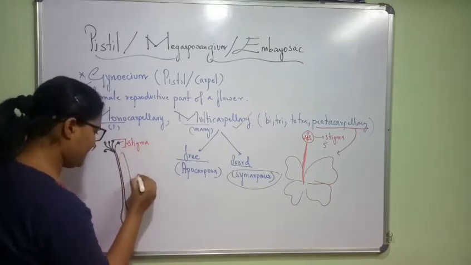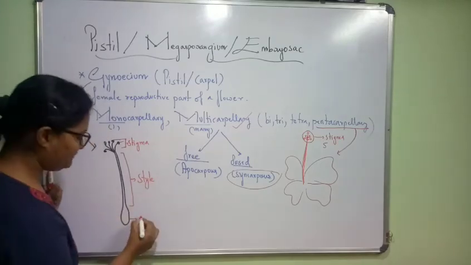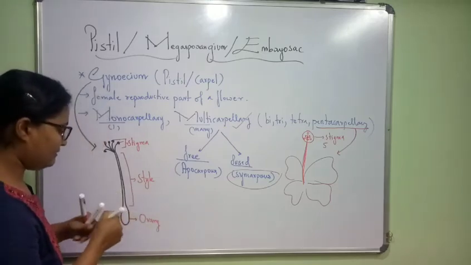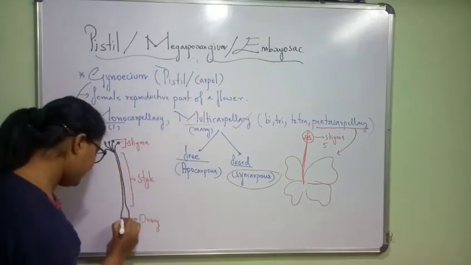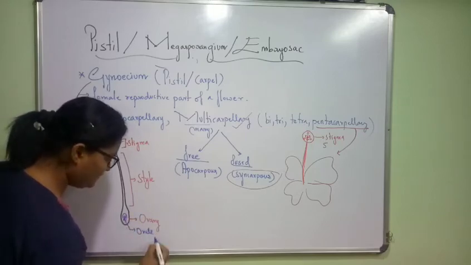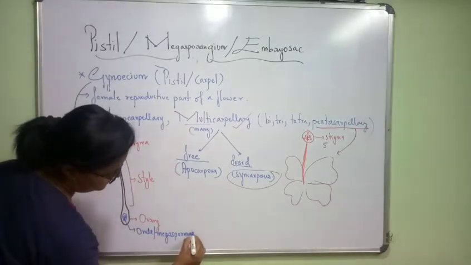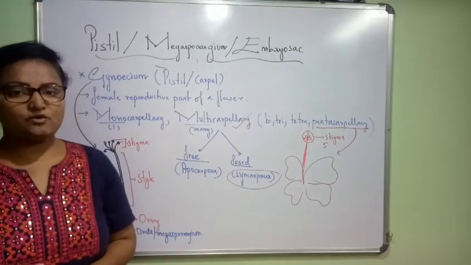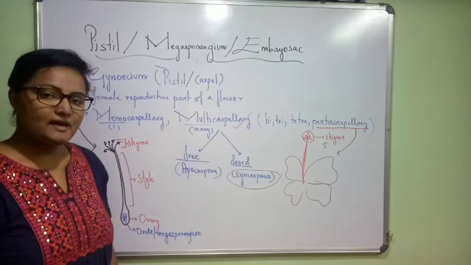This long, slender part we call the style, and the lower bulged portion we call the ovary, where the megasporangium is present. That is our ovule, or it is also called the megasporangium, where megasporogenesis takes place. The production of female gametes of flowers takes place in the ovule, or megasporangium.